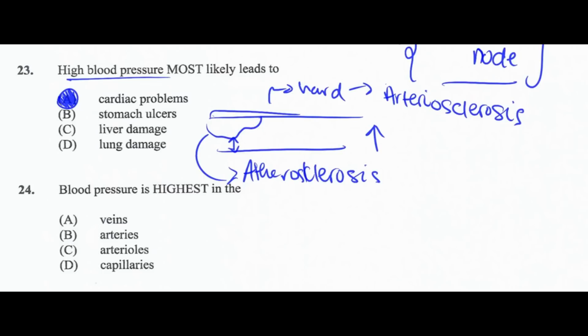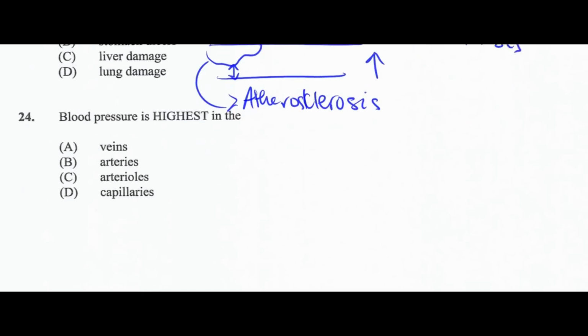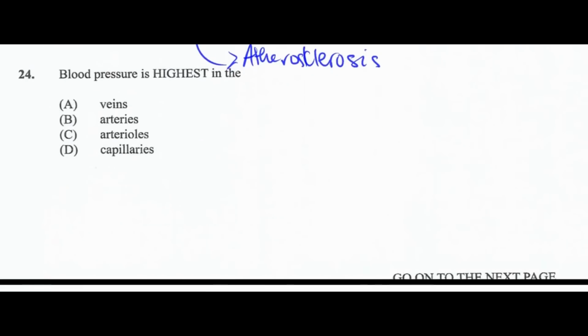For 24, blood pressure is highest in the arteries because they have to pump blood away from the heart to extremities of the body with the greatest force, right? So that it can actually get there. So look for arteries and you found your answer. So the arterioles and venules are branches towards the capillaries: from veins to venules, then capillaries, then arterioles, then arteries.